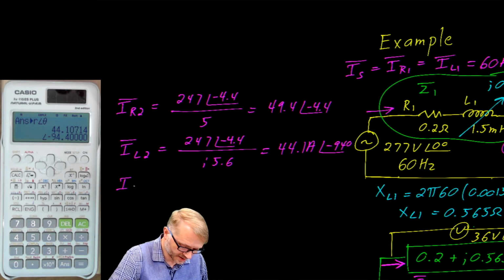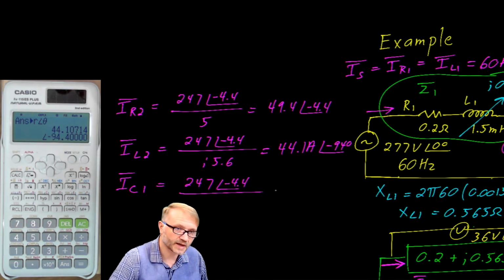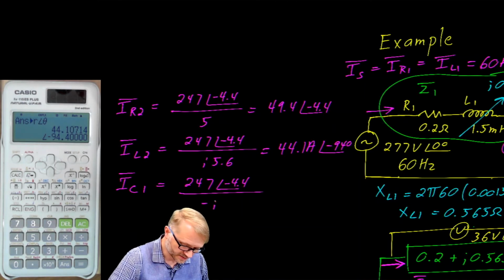And the current on the capacitor is equal to 247, phase angle negative 4.4, again a voltage, divided by an impedance, negative J 26.5.